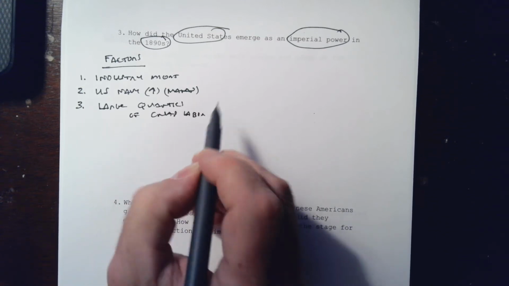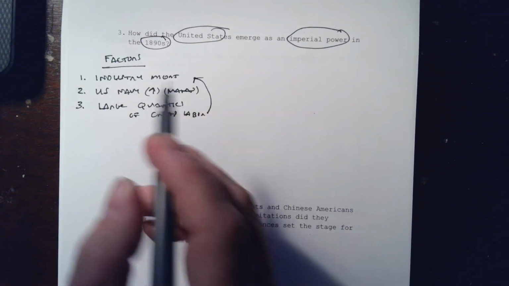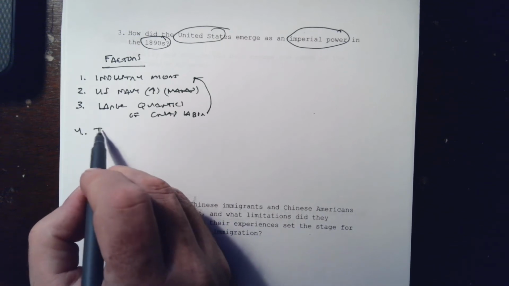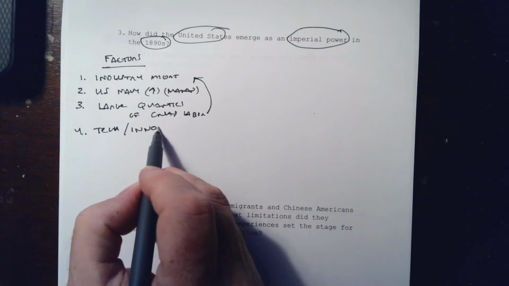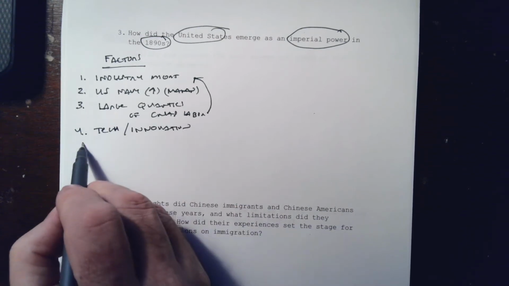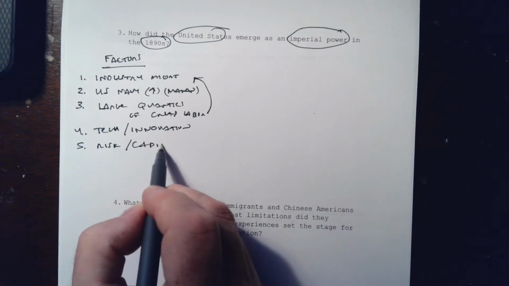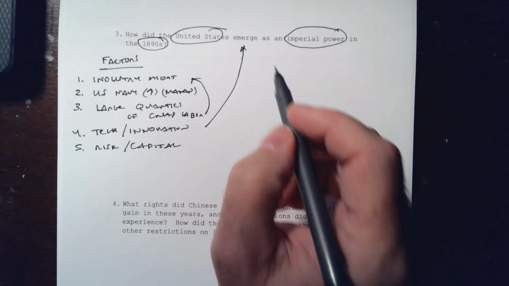All right, and that's key because that's all tied to that industrial might. And with this industrial might, just lead into technology and innovation. All right, and here you can talk about risk and capital. There's just all kinds of stuff that you could just lead to this emergence.